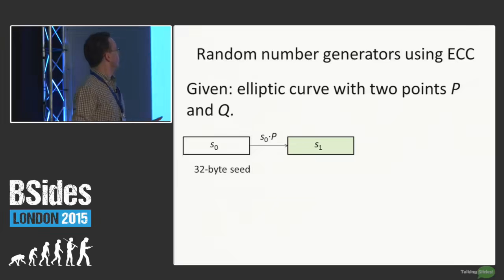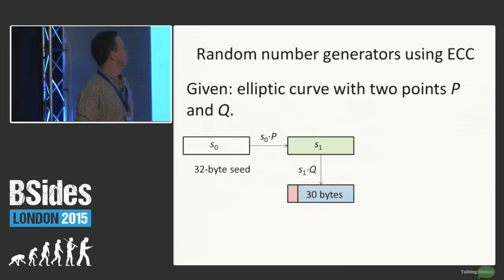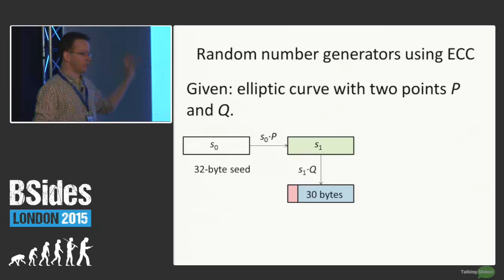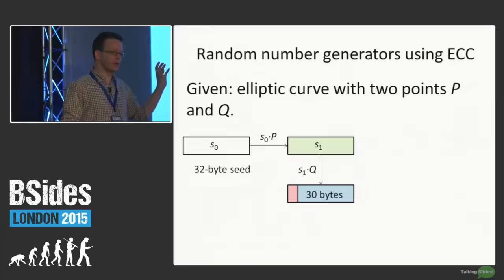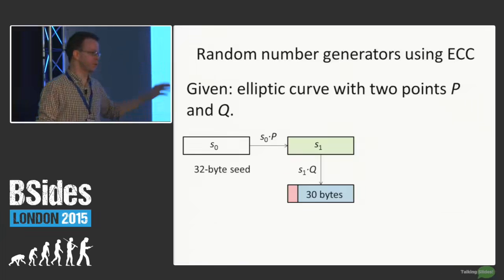And again, you take S0 times P, which is another number or point S1, and then you multiply the point Q by this S1, and you get another number or point, 32 bytes. You take the last 30 bytes, you ignore the first 2 bytes, and this is an output of the random number generator.